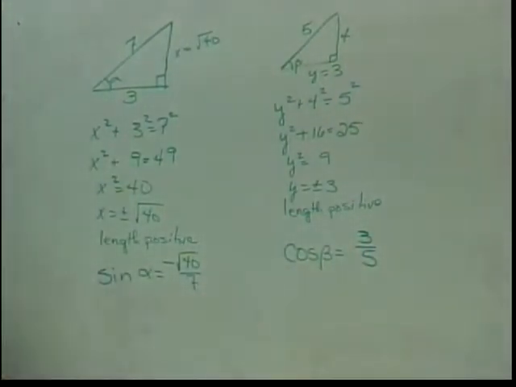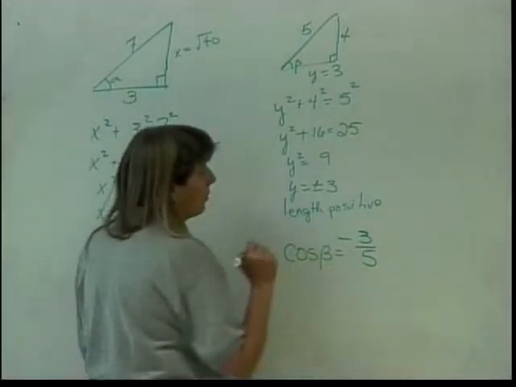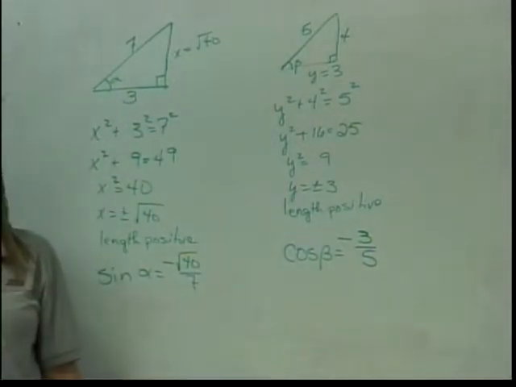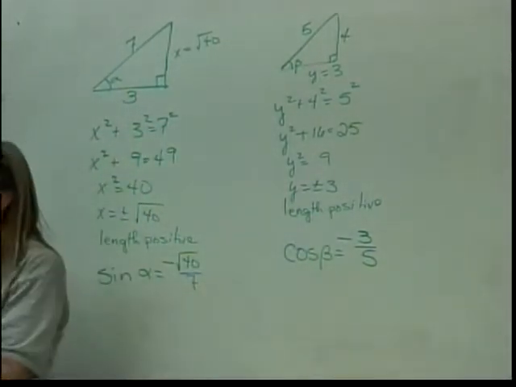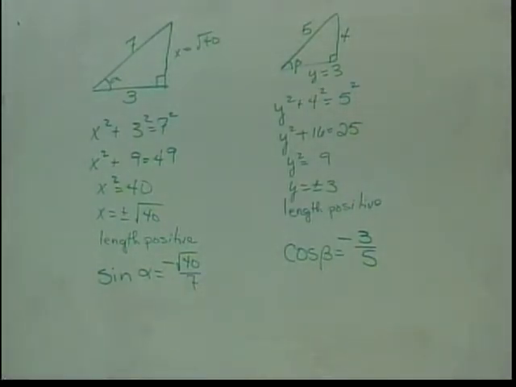But we have to determine its sign based on the quadrant. Beta's in quadrant 2. In quadrant 2, cosine values are always negative. So it'll be negative 3 over 5. All right, I'm only going to do the first two, figuring you can fill in the second two as well, and I'll tell you how to figure that one out.